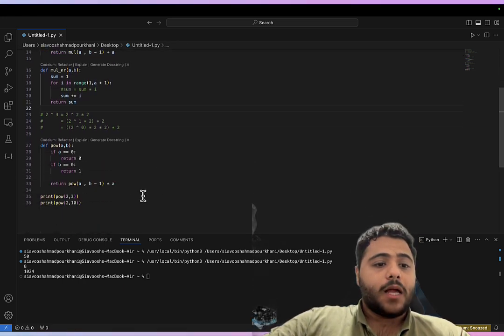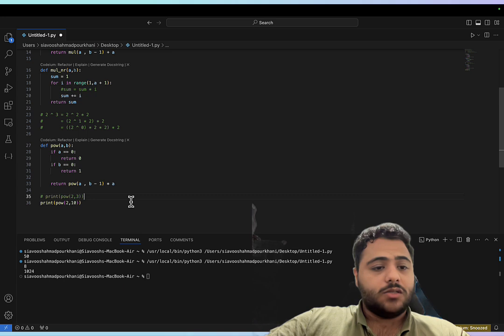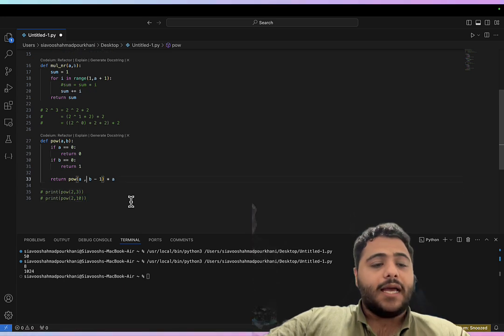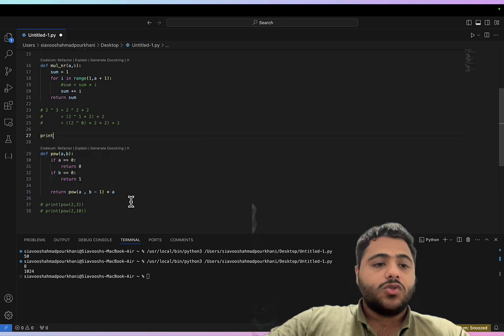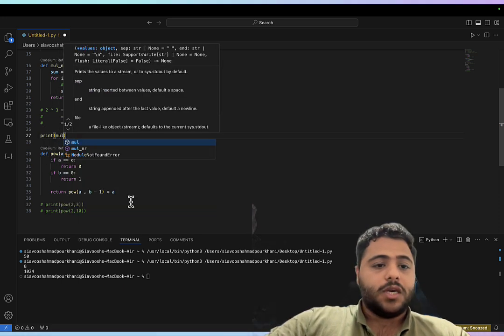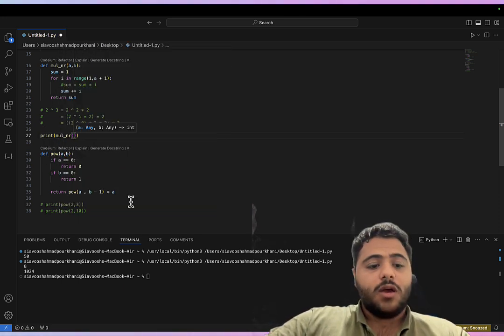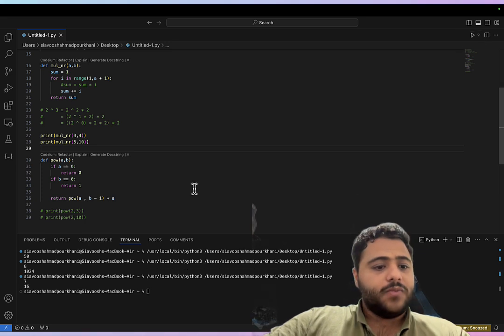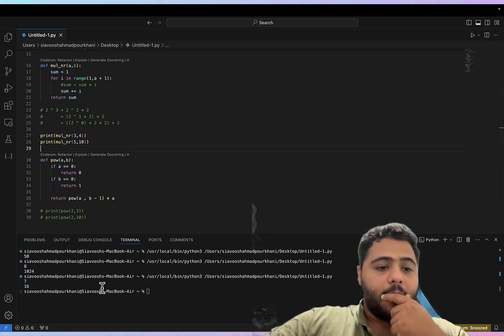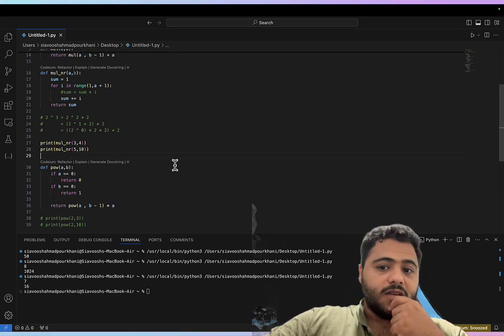So let's suppress this, just comment those, and let's test the multiplication non-recursive. So print multiplication non-recursive by 3 and 4 and 5 and 10. I believe that was our latest example. So something is not working.